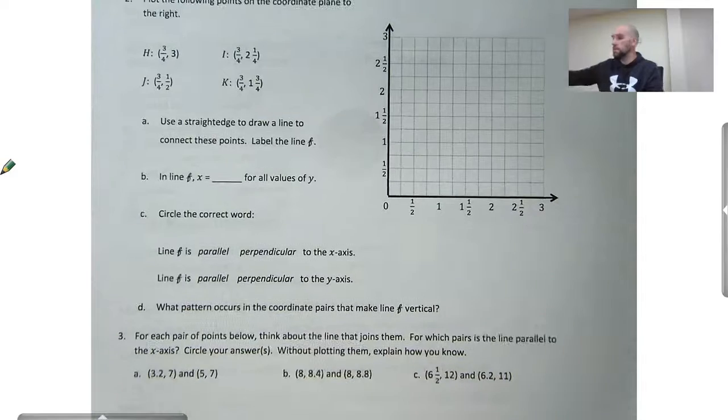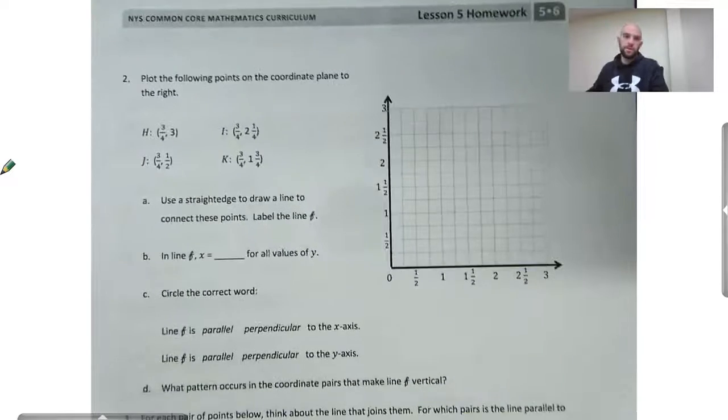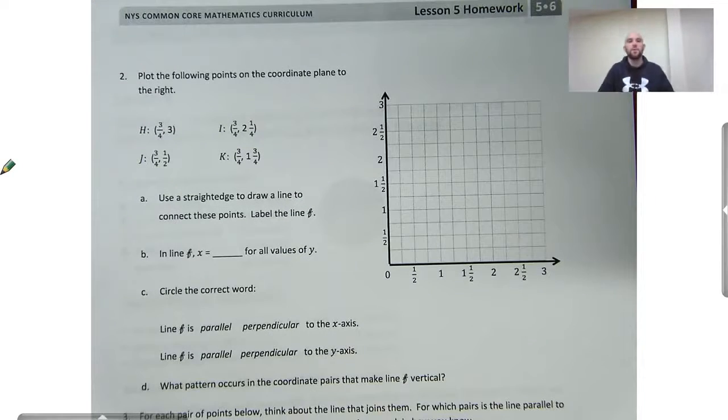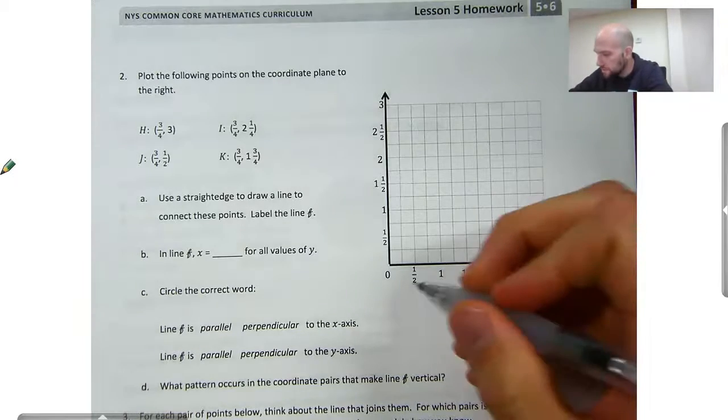Let's look at our next page. It says plot the following points on the coordinate plane to the right. We have H, I, J, and K. H is 3/4, comma 3. So we have 3/4 as our x coordinate and 3 as our y coordinate. Let's find 3/4.